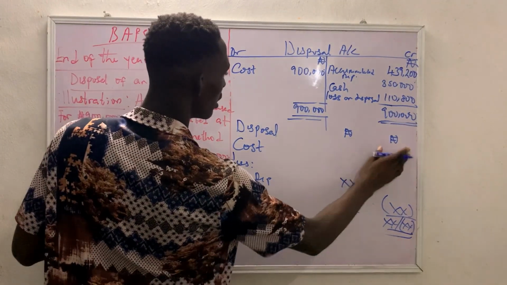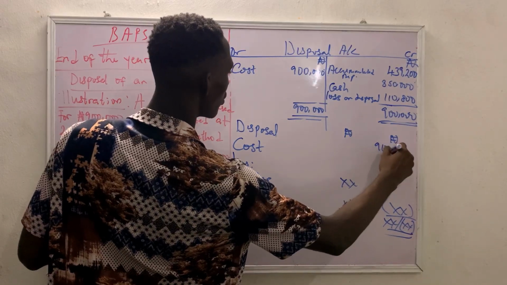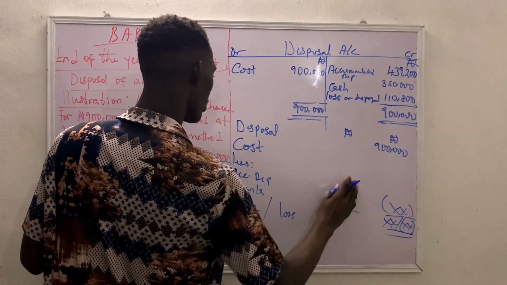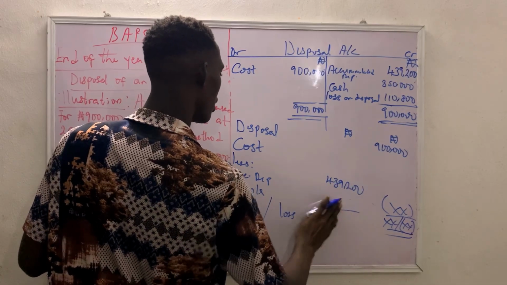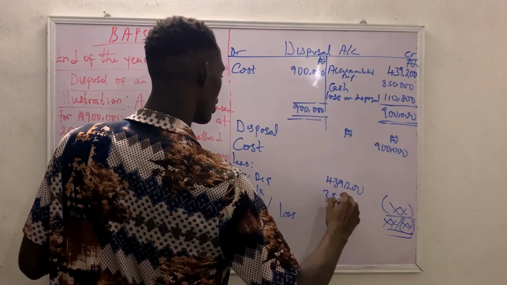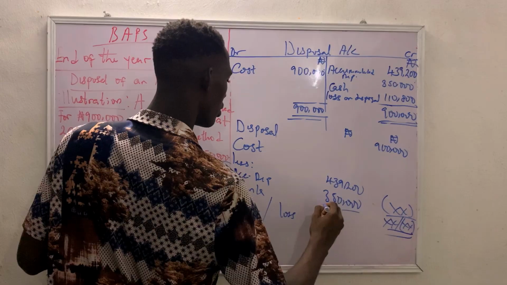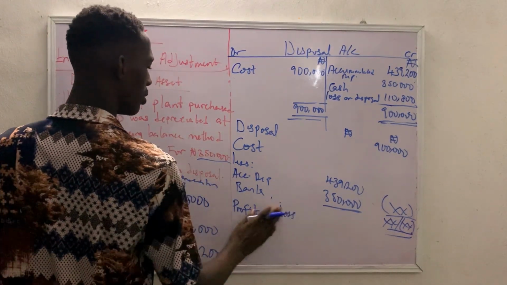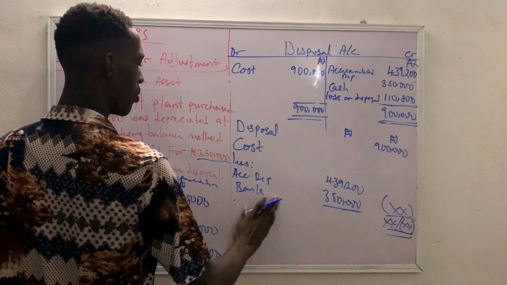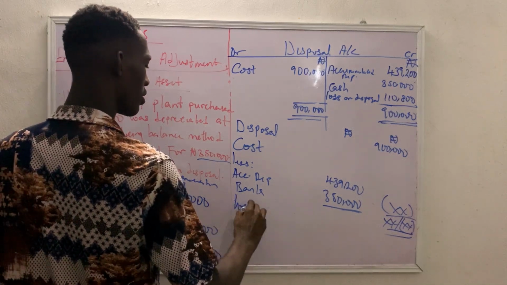And if you have to do this here, this is 900,000. This is 439,200. And this was 350,000. So they made a loss.